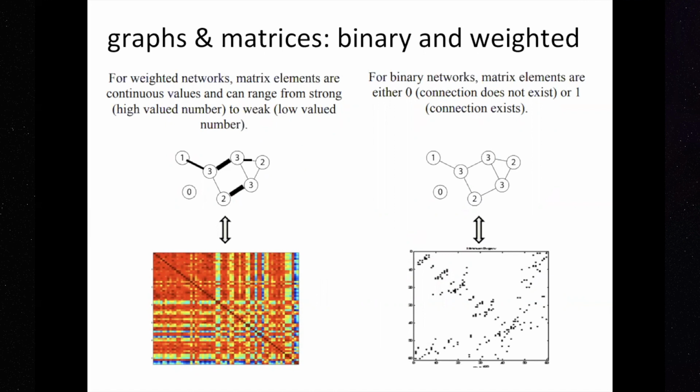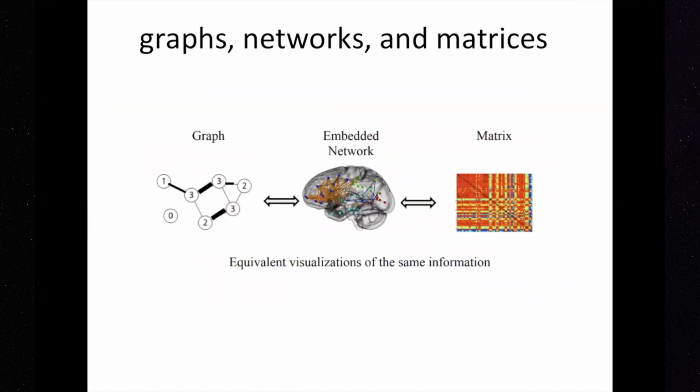For binary networks, those matrix elements are either 0, so they do not exist, or 1, they do exist. And just to finish this little introduction into graph theory 101, it's really important for you to know that the graph, the embedded network, and the matrix are just equivalent visualizations of the same information.